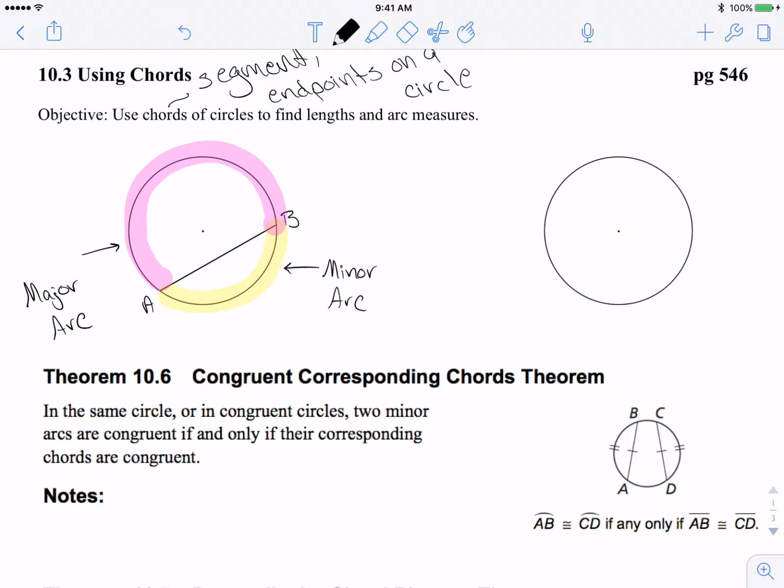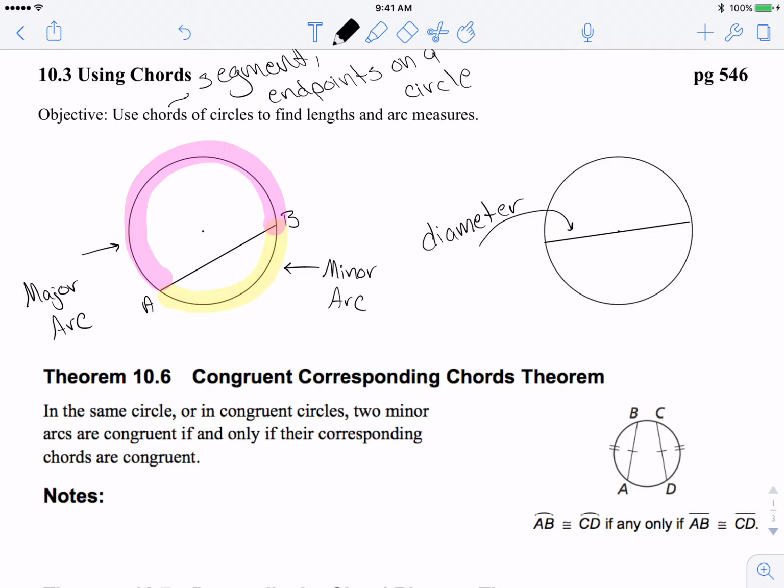So a chord divides a circle up into two arcs. If you remember from a previous section, my chord could go through my center. If my chord goes through the center, again, we call it a diameter.